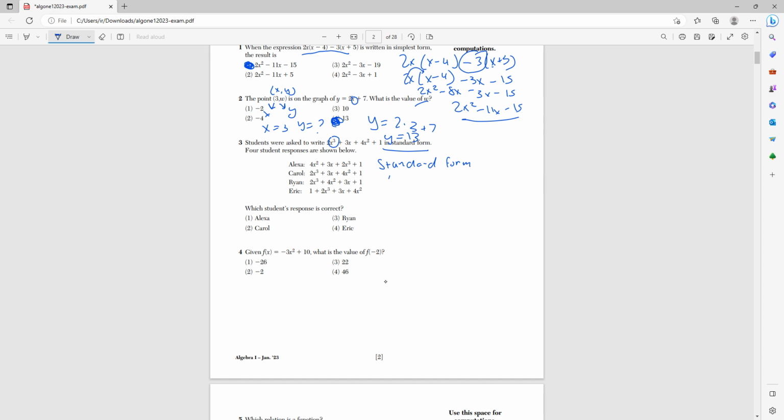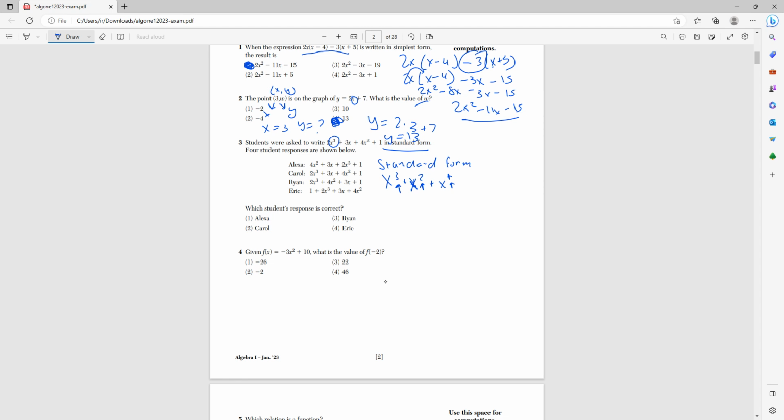What that means is the term raised to the greatest power is written first, the term with the second biggest power is written second, and the term with the smallest power, this is x to the power of 1, is written last.